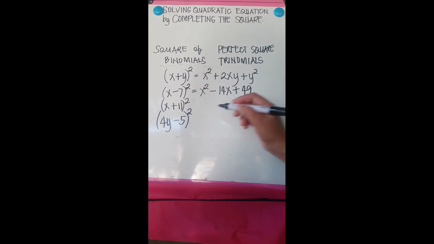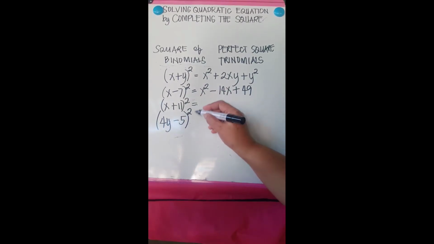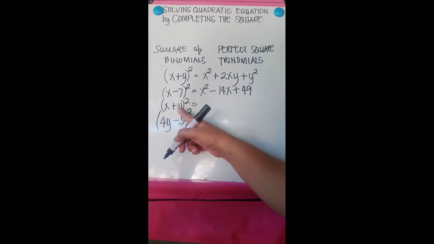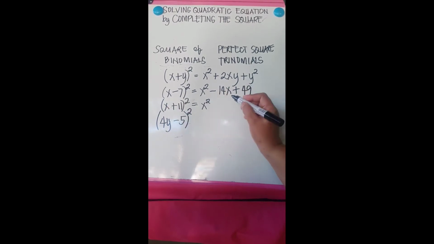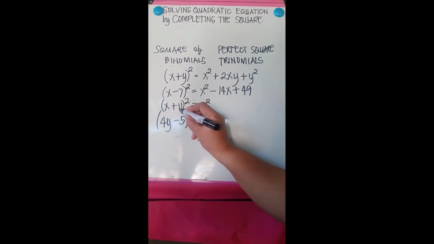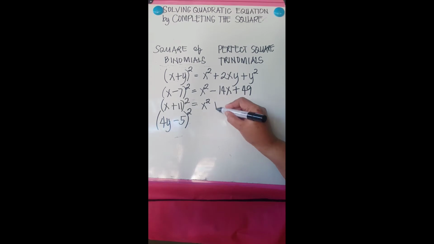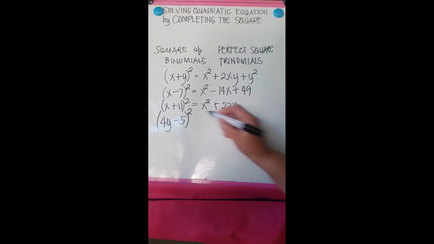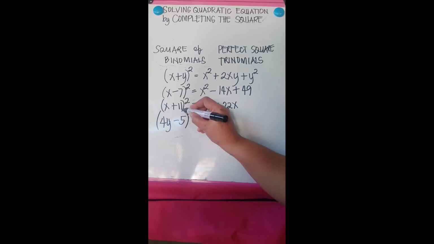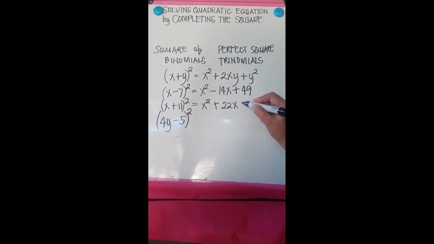Okay? Susundan. Then, third, square of x plus 11. Square of x is x squared. X times 11, 11x times 2 is positive 22x. Then, for the last term, we have 11 by 11 is positive 121.